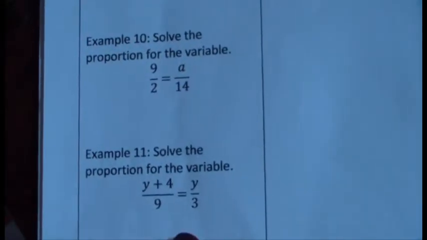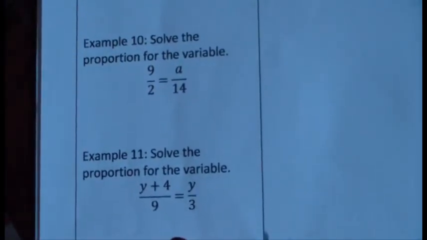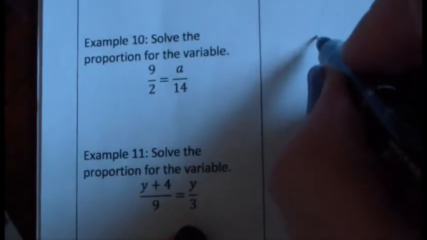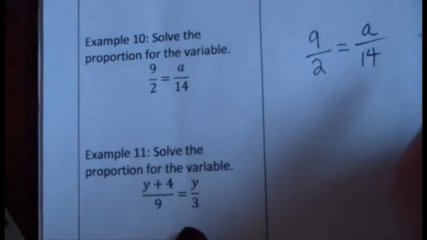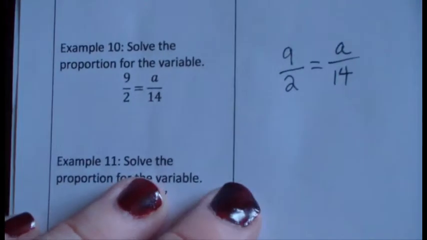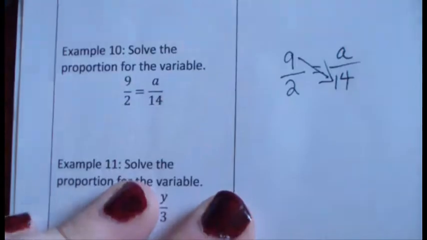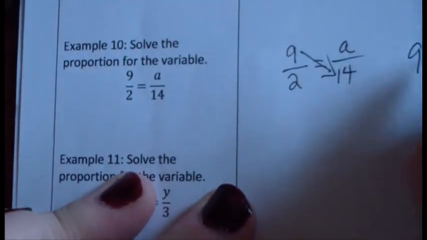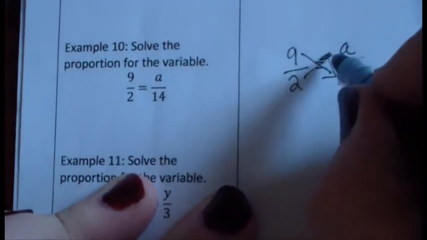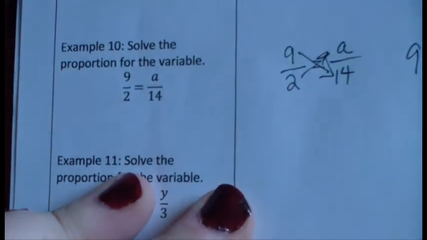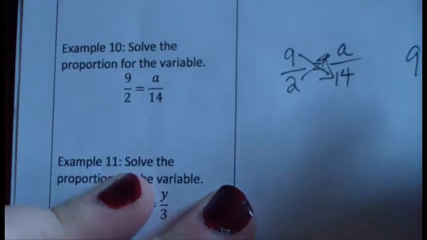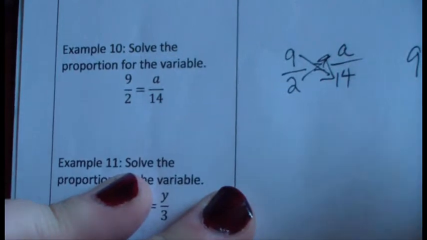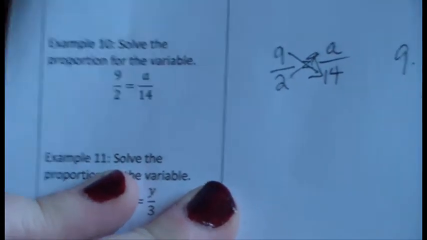All right, example 10. We're going to solve the proportion 9 over 2 equals A over 14. So again, we've got our proportion here, so we're going to multiply 9 times 14 equals 2 times A. So 9 times 14 is 126. 2 times A, of course, is 2A.